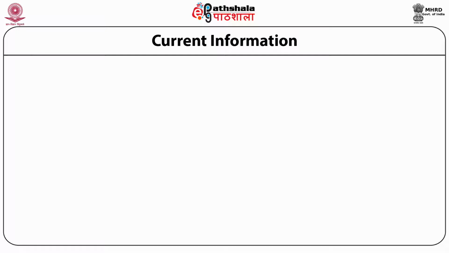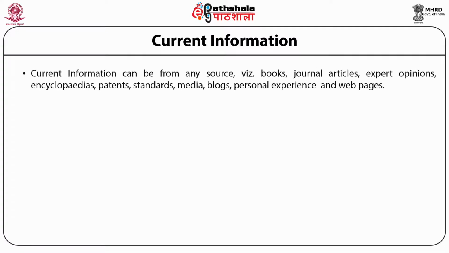Now, what is current information? Current information can be from any source, for example, from books, journal articles, expert opinion, encyclopedias, patents, standards, medias, blogs, personal experience, or from web pages.